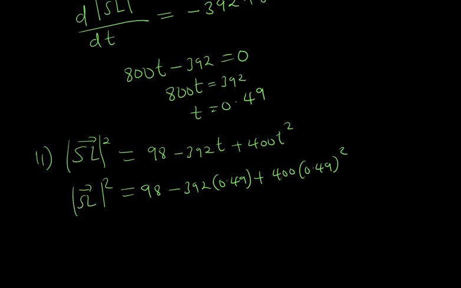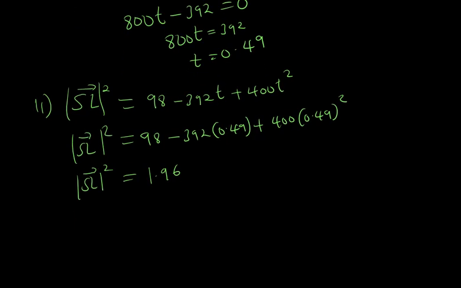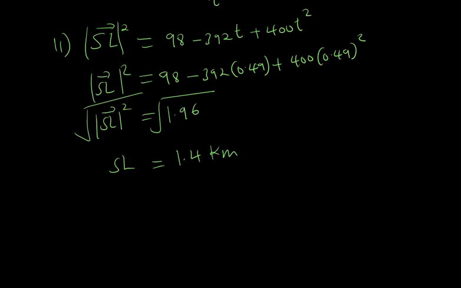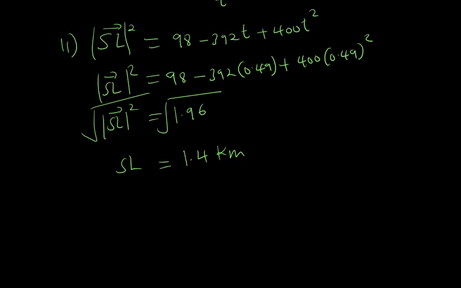So our SL squared is going to be 1.96. Square rooting on both sides gives us SL as 1.4 kilometers. Now we are getting the distance between the ship and the lighthouse as 1.4 kilometers.